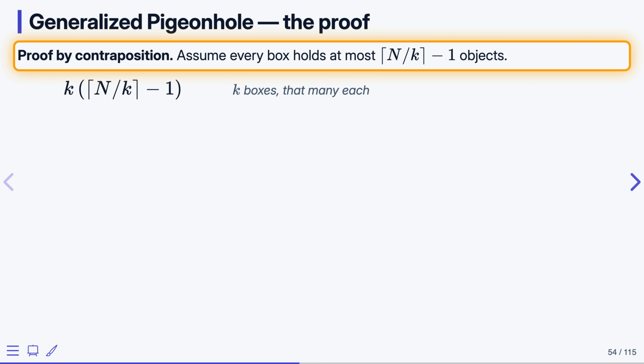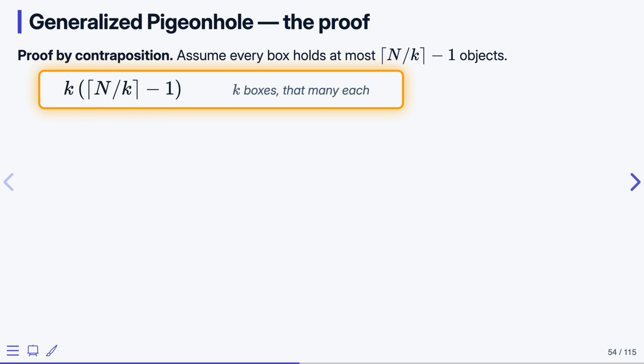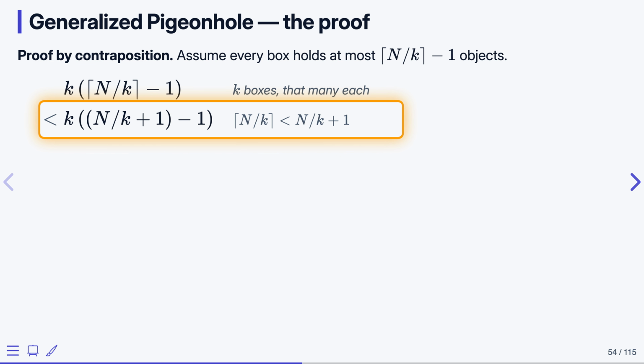This is why the stronger rule holds. Again, we assume the opposite. Assume every box holds at most the ceiling of n over k minus 1. Line 1. Then the total is at most k boxes times that amount. Line 2. Rounding up adds less than 1, so the ceiling of n over k is smaller than n over k plus 1.